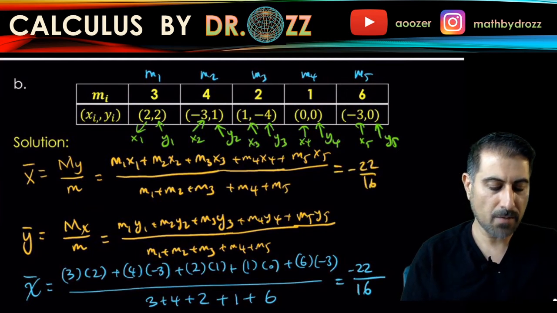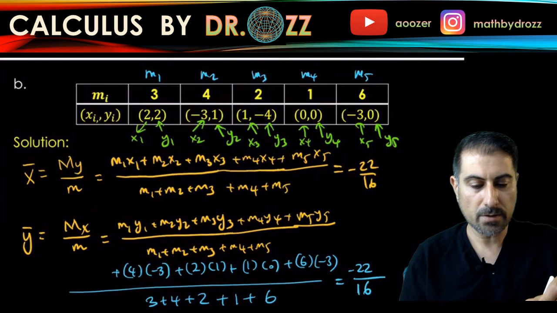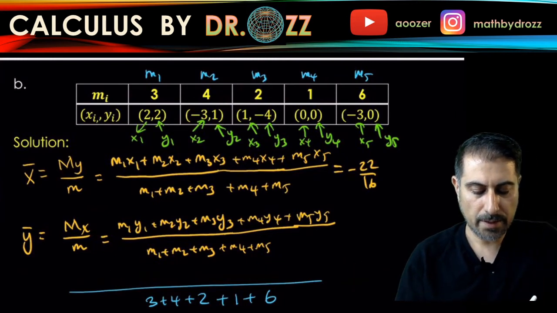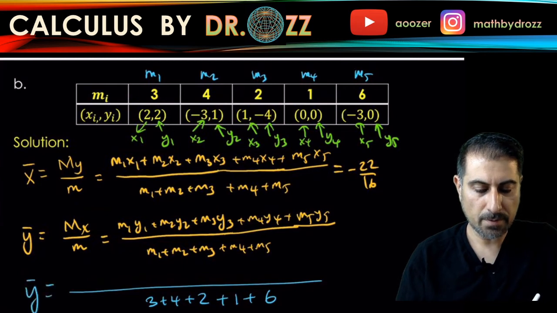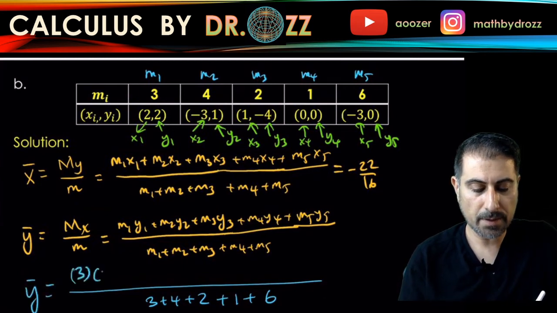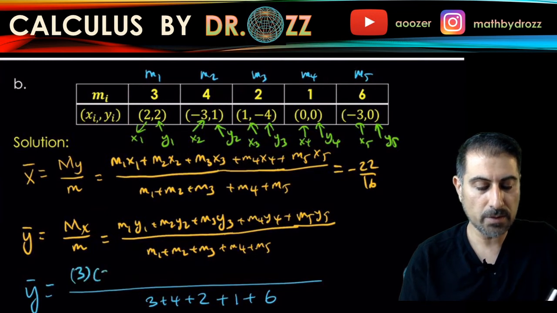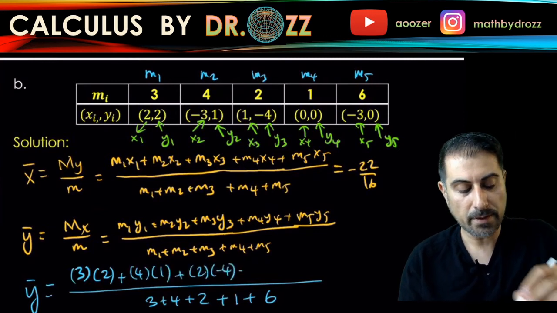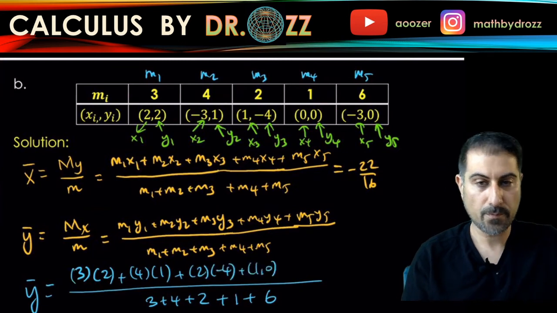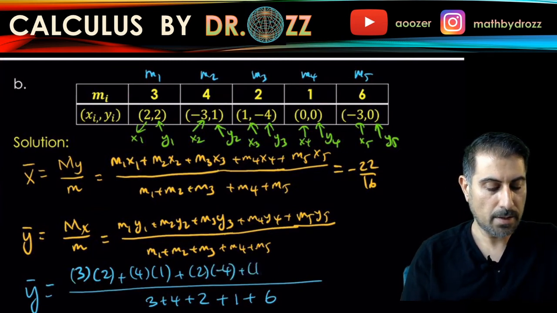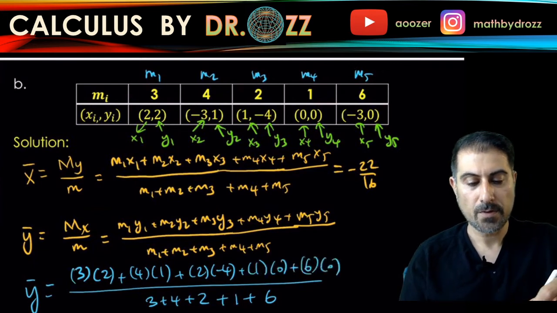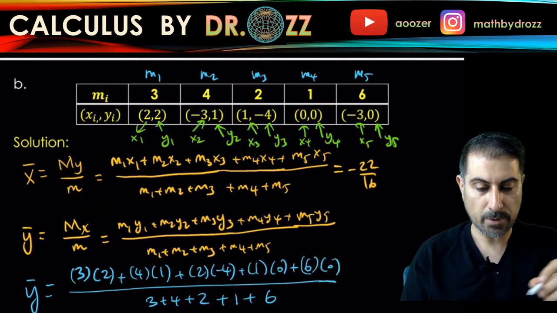Okay. And I'm going to erase this portion, and the bottoms are the same. So let's write y bar. You're going to have the mass times y, so M1 times Y1, 3 times 2 plus 4 times 1 plus 2 times negative 4 plus 1 times 0, and then 6 times 0. Well, these are all 0, so I don't need to worry about those.